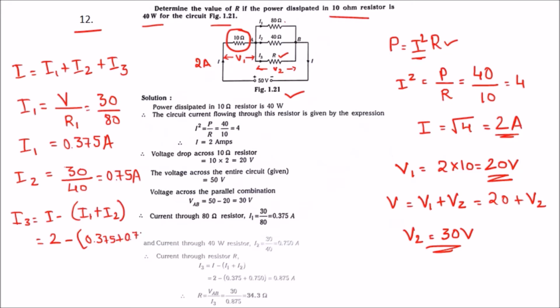So calculating this we get I3 is equal to 0.875 amps. Using this we can calculate the value of R, that is 30 divided by 0.875, nothing but 34.3 ohms. This is what has been given.